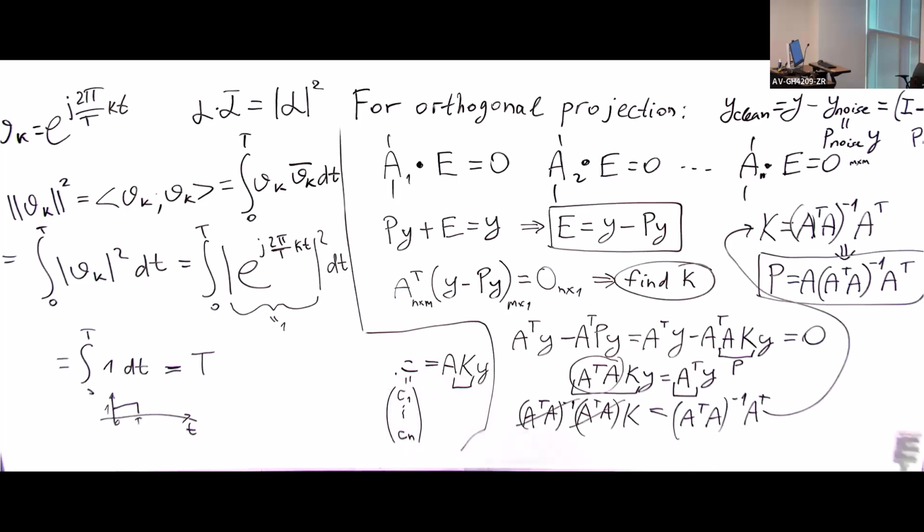This is what the integral is, the area of the rectangle here. So it's T. So the norm of vk squared equals T, which means you need to divide these vectors by T to get them normalized. Now, if this is the squared norm, to divide by just the norm, it's the square root of T. This will be the norm of v. That's it. This is the idea.